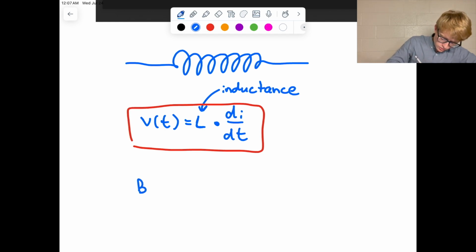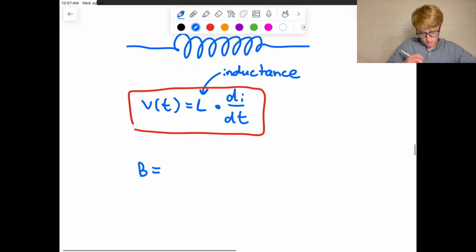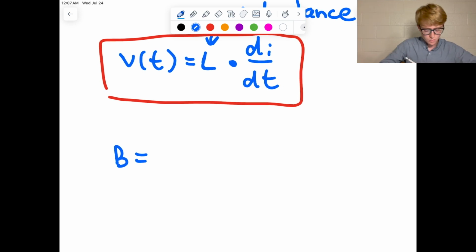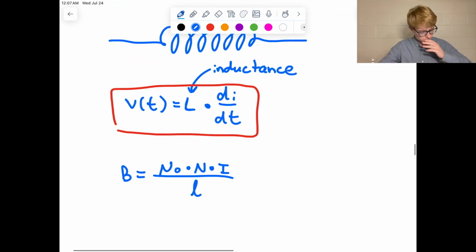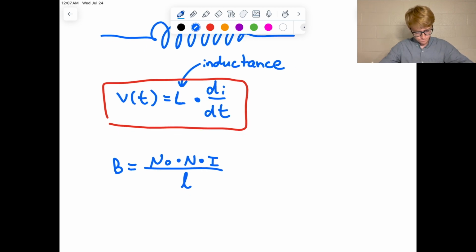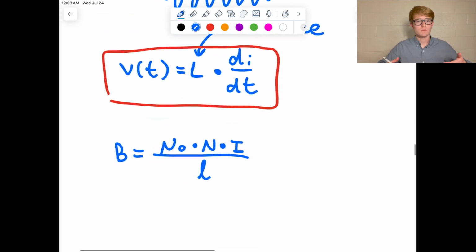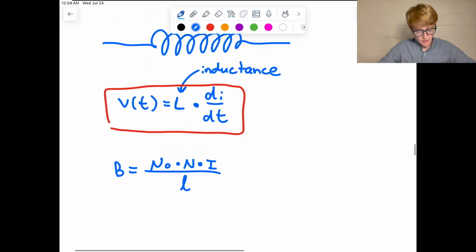Now, an auxiliary bit of information is that the magnetic field, or the B field, is given by mu naught, which is the permeability of free space, times N times the current I over the length of the inductor L. So that's the equation for the magnitude of the magnetic field.